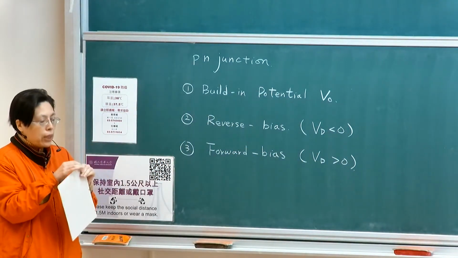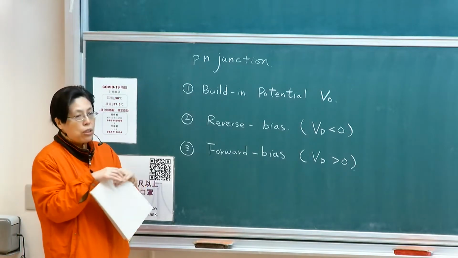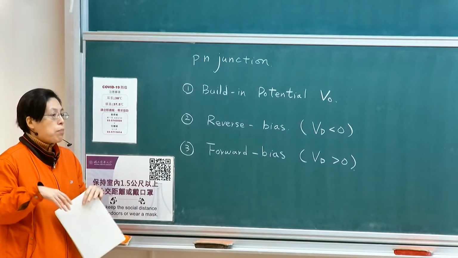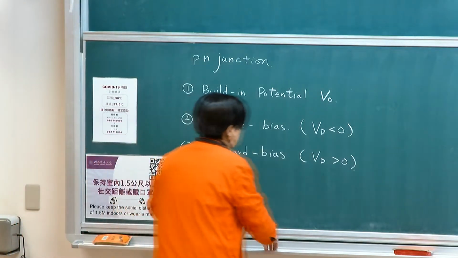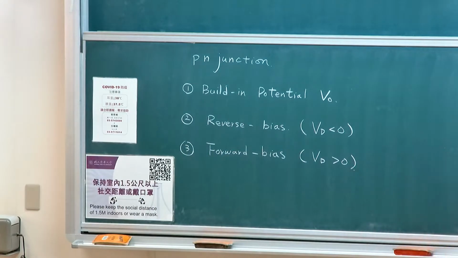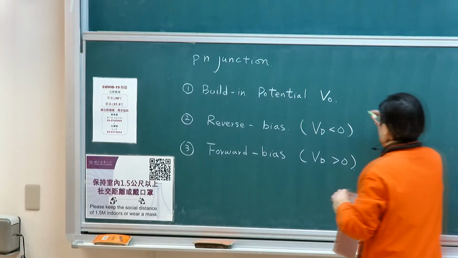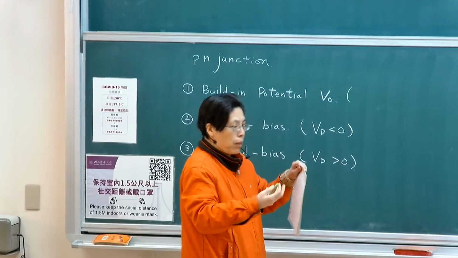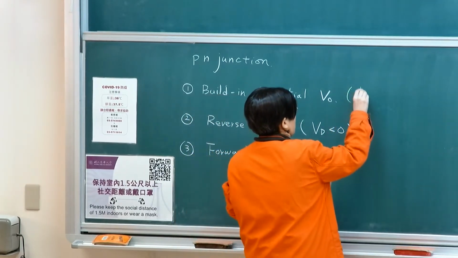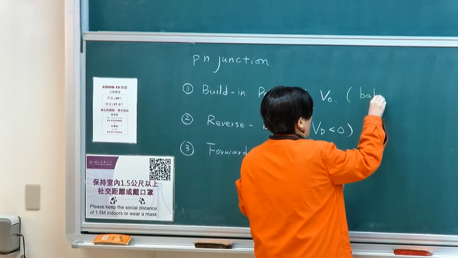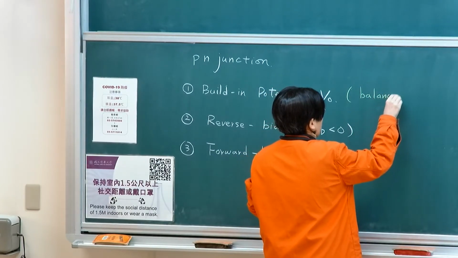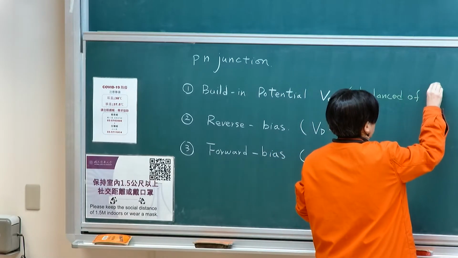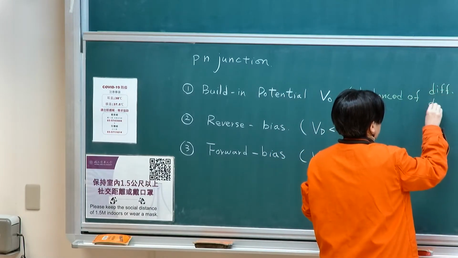The key takeaways in the discussion of the p-n junction are these three. First, there's something called the built-in potential. The built-in potential is created to balance, as the result of the balance of the diffusion force and drift.